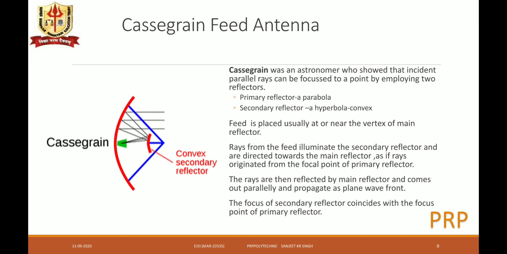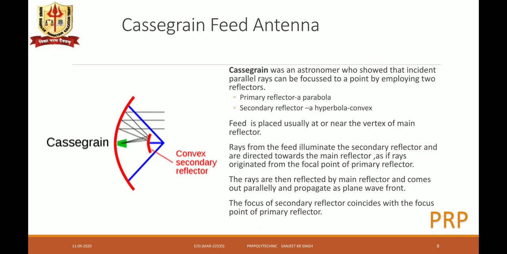The virtual focal point coincides with the focal point of the hyperboloid reflector. The rays are then reflected by the main reflector and come out parallel and propagate as a plane wave front.